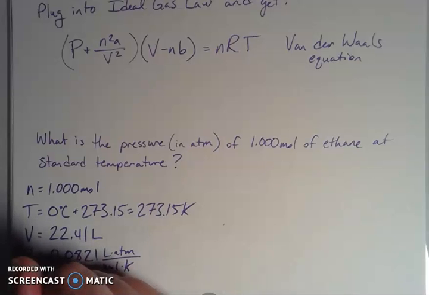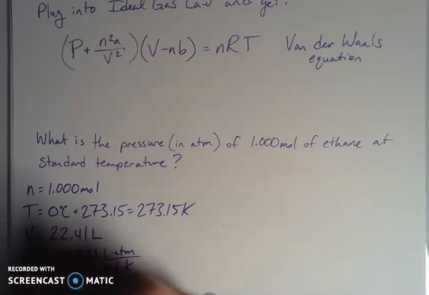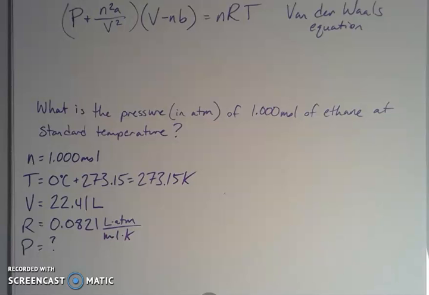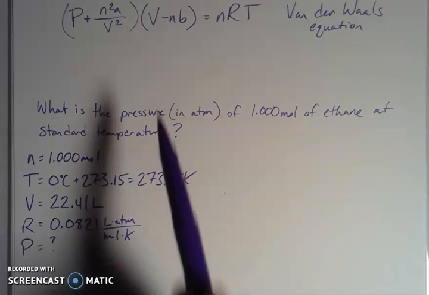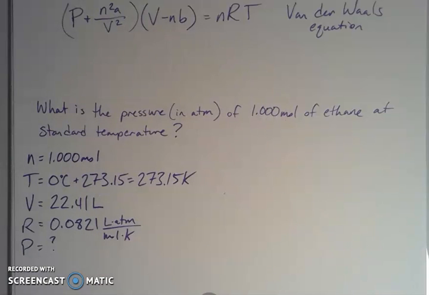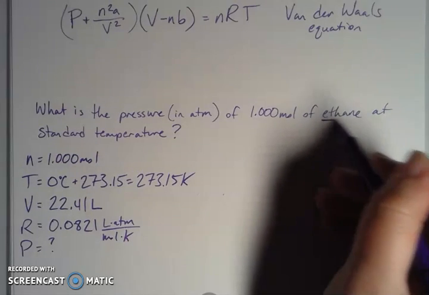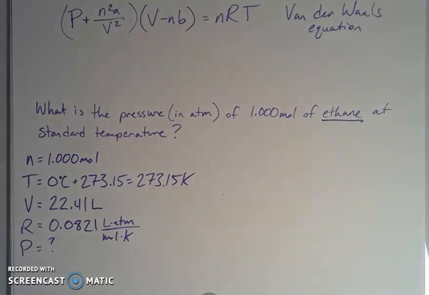It's asking me to solve for pressure. That's my unknown there. And then what I'm missing from my van der Waals equation are my a and my b values. So I need to look up ethane. Ethane is an organic molecule that is made up of 2 carbons. That's what the prefix eth means.